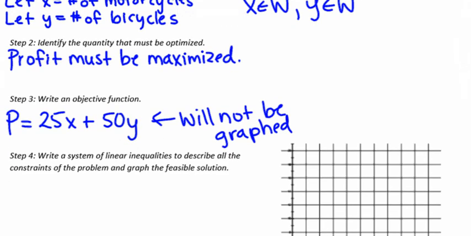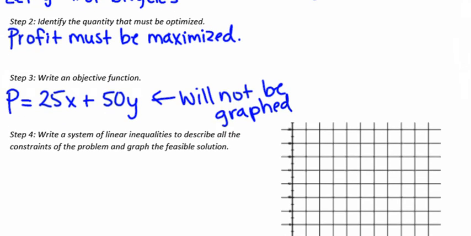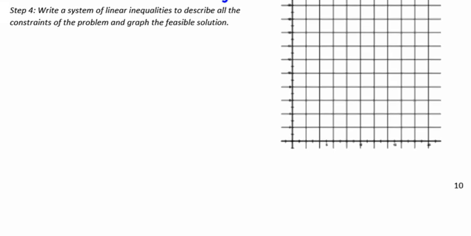Step 4, write a system of linear inequalities to describe all of the constraints of the problem and graph the feasible solution. What that means is, what were some restrictions that we were given at the top of the question? We can't have any more than 10 motorcycles, no more than 15 bicycles, and no more than 20 altogether. So we need to write that out in terms of inequalities. If X was motorcycles, X must be less than or equal to 10.